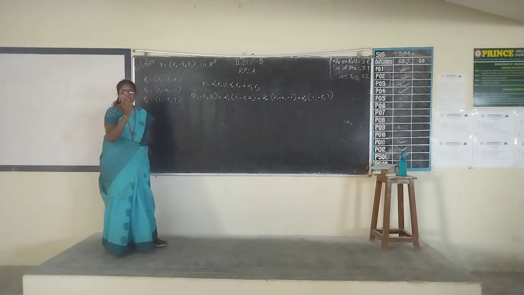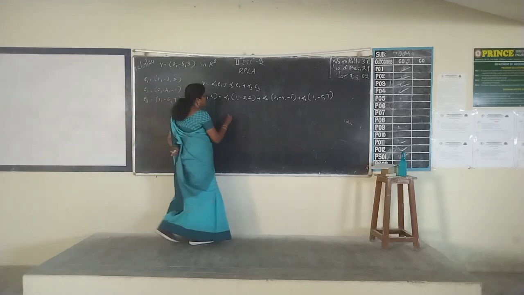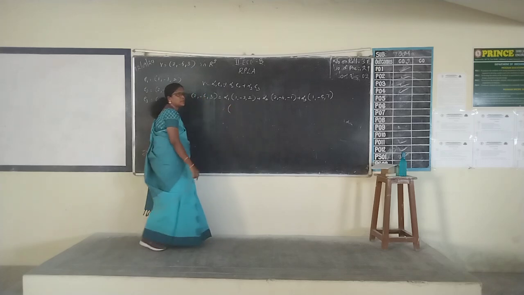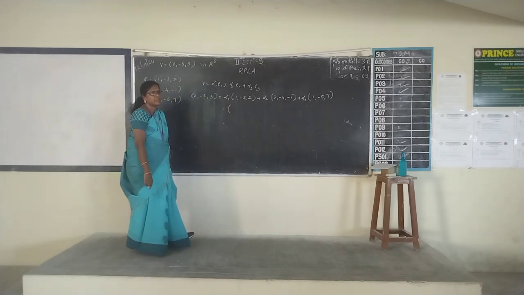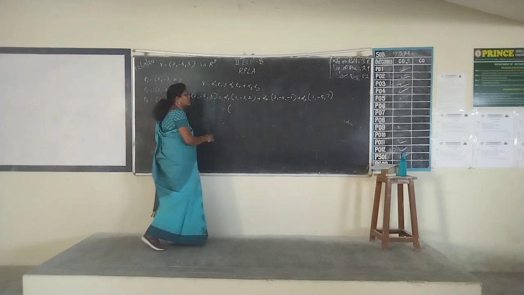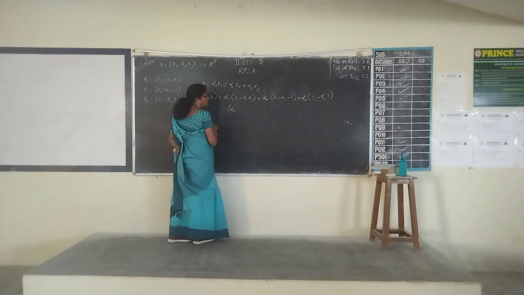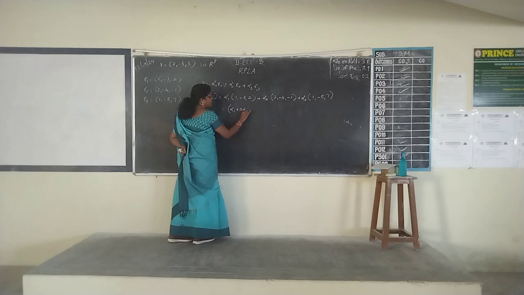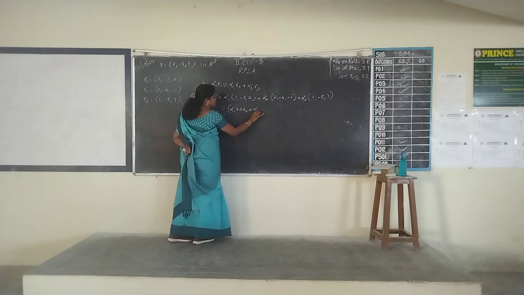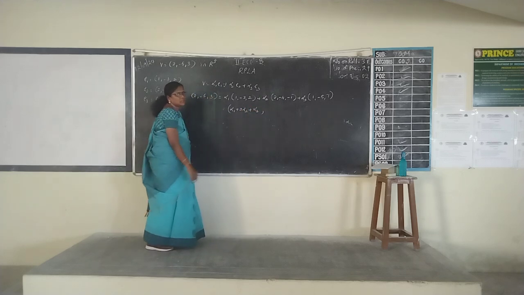Tell me how we relate the right hand side now? It should also be a triple ordered term. What is the first one? Compare all the first elements. So what will you get? Alpha 1 plus 2 alpha 2 plus alpha 3, combining all the first elements.